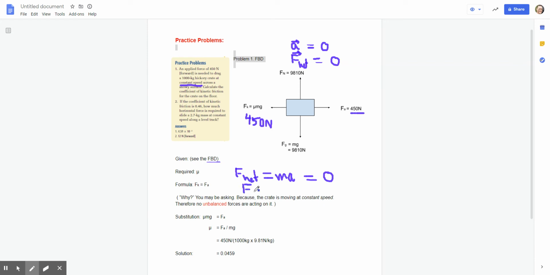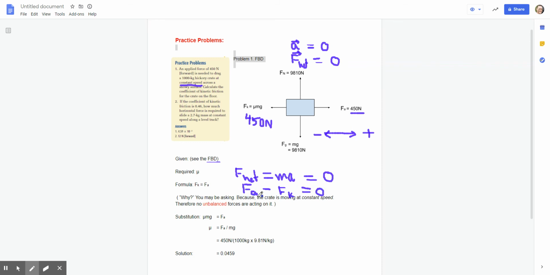applied force, which is forward. So we're going to assume that we've got this sign convention, that forward is positive and backward will be negative. It's just arbitrary. That means applied force minus frictional force also equals 0.